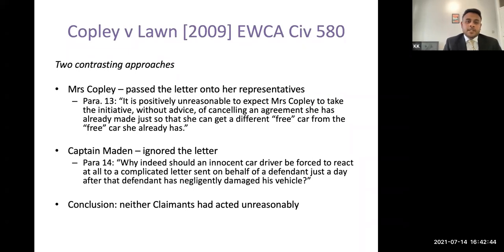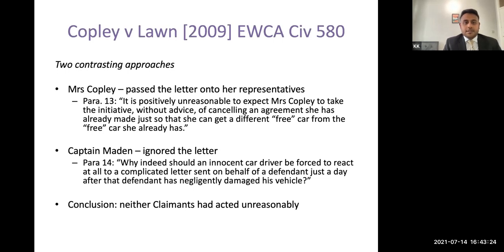Looking at the case of Captain Maiden, he was arguably more robust in his approach, if we can put it that way, because once he received the letter of intervention from the defendant's insurers, the court found that he simply ignored the letter, which came approximately 24 hours post-accident, and he chose not to discuss it with his insurers and continued to proceed with the credit hire agreement, which was already sorted out between him and his own insurers.